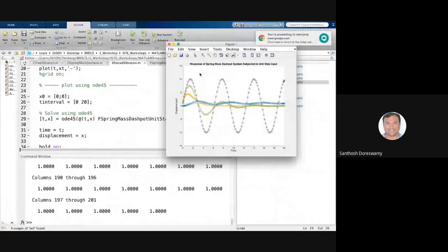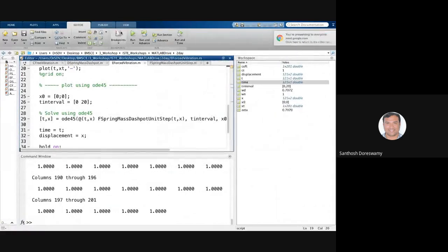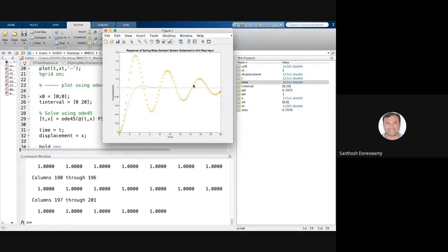I have to just run this. Okay, yeah. You will see that these dotted points are from the ODE 45 solver. It takes an adaptive time step for giving the solution. But what I've done here is also plot an exact solution for a particular value of zeta.